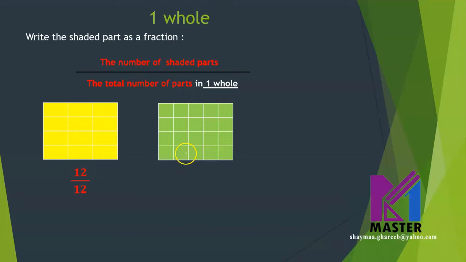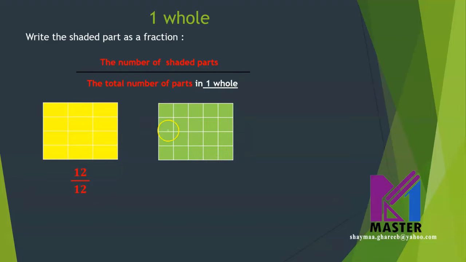What about this one? We're going to do the same steps exactly. 1, 2, 3, 4, 5. 1, 2, 3, 4. So all the parts are 5 times 4, which is 20. So all the parts are 20, and the number of shaded parts is also 20.